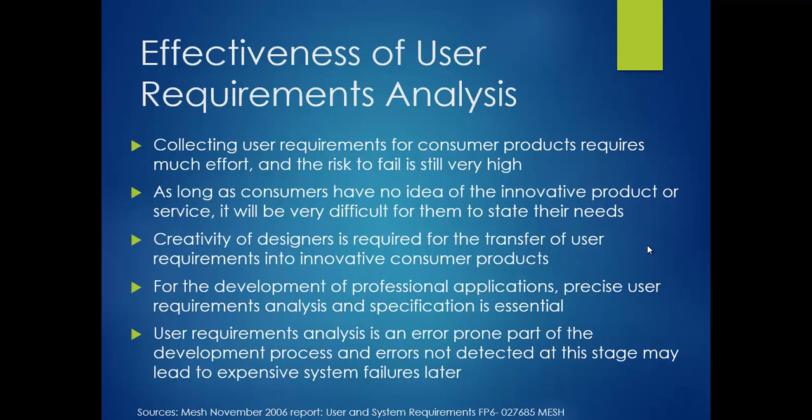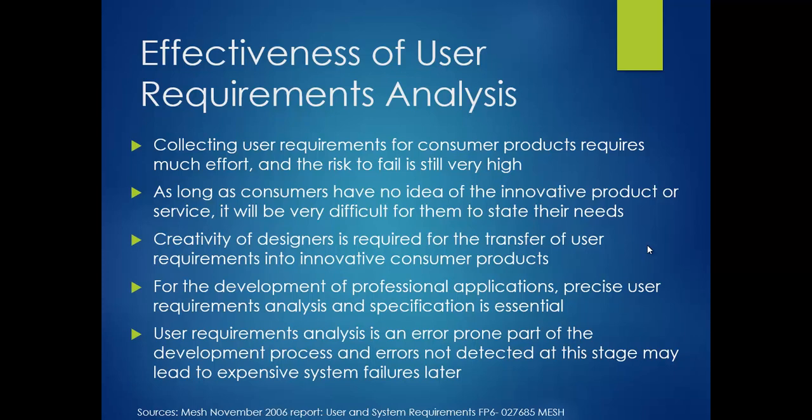For the development of professional applications, precise user requirements analysis and specifications is essential. It's very important. User requirements analysis is an error-prone part of the development process, and errors not detected at this stage may lead to expensive system failures. It's very important to collect the proper information, very important to understand the system from the beginning so you can develop it the right way.